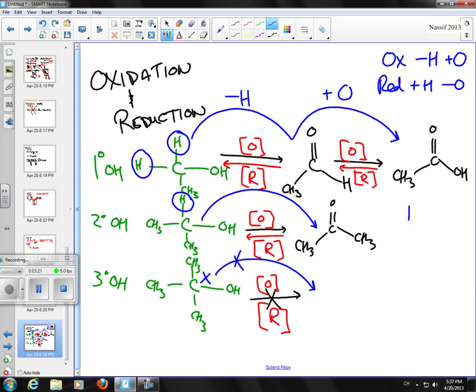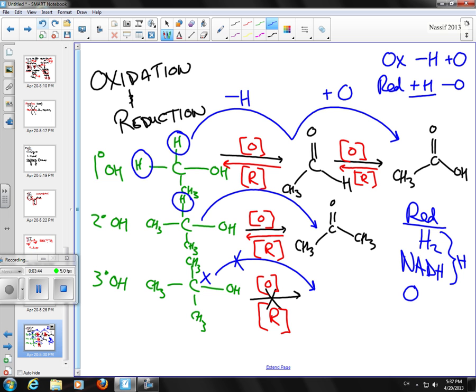For reducing, you have H2, and you're also given NADH. Now, remember, reduction adds hydrogens, so it makes sense that both of these have hydrogens.